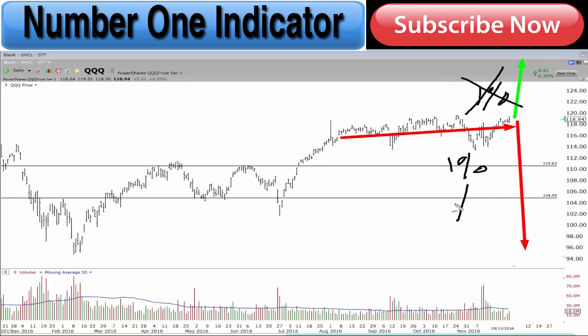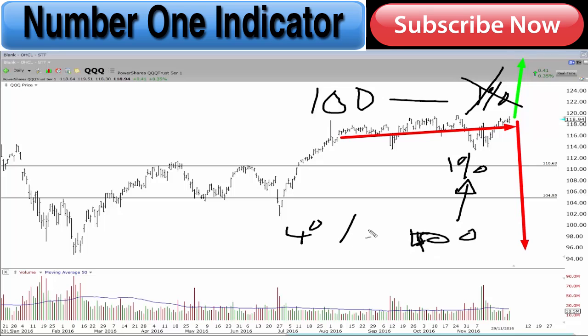But this option here that I've got is going to go up by 400%. I lose 100% here, but this one here goes up by say 500% if the market plummets through the floor. Take away this 100% for this option, I'm now left with 400%. That's around about a 4% return on my account.